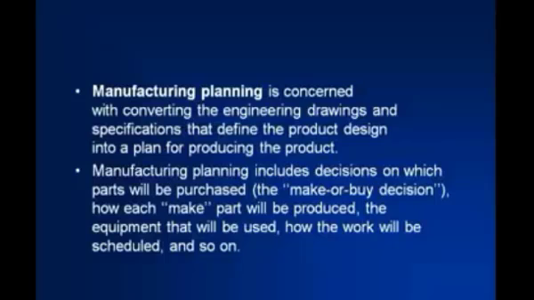The second is manufacturing planning, which includes decisions on which parts will be purchased, how they will be produced, and how the work will be scheduled, how the production process will be scheduled.